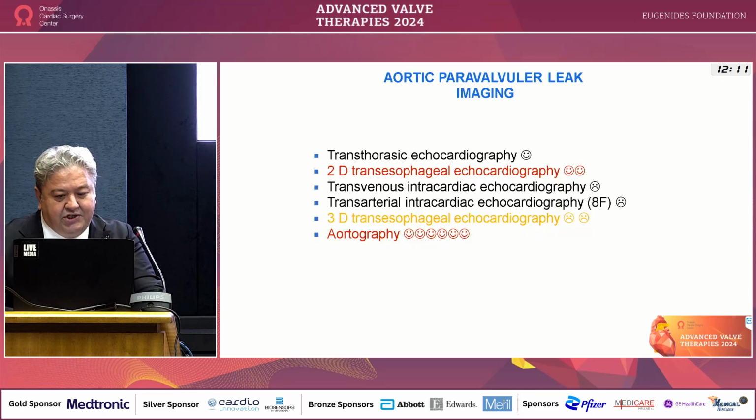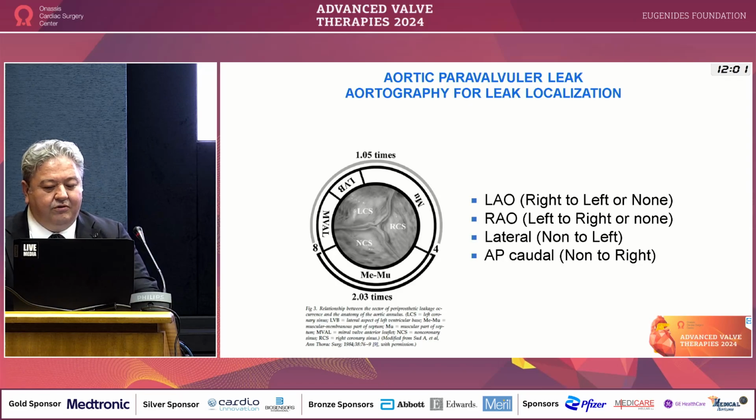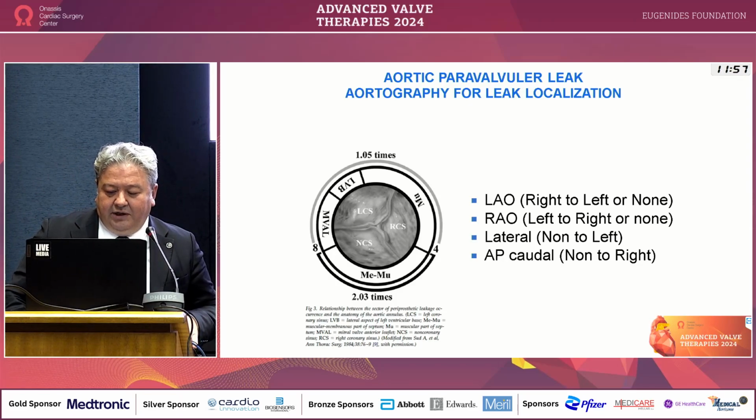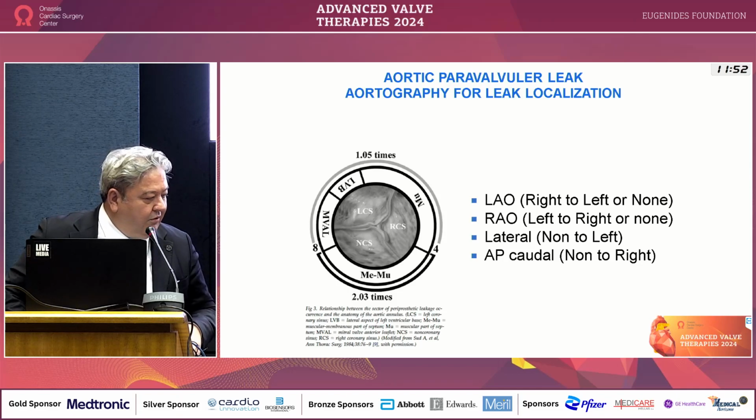So for the imaging, 3D is not good, 2D is okay, but aortography is for me very important during the procedure. If the leak is, for example, right to left or non-coronary cusp, we always use a left anterior oblique angle, for example, LAO 40 degrees, cranial 20 degrees, and make an aortography.